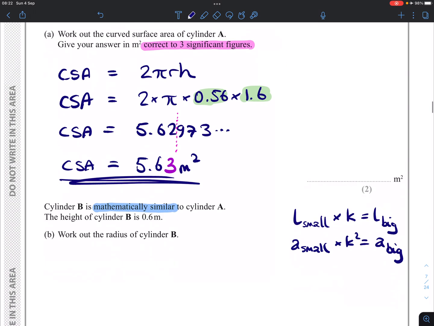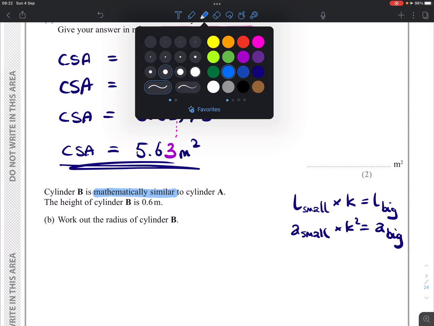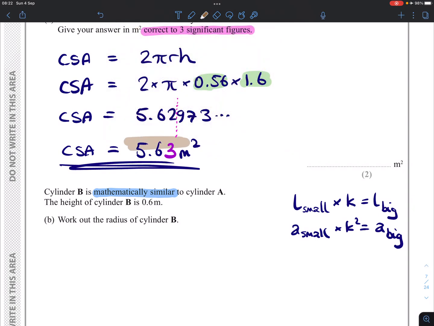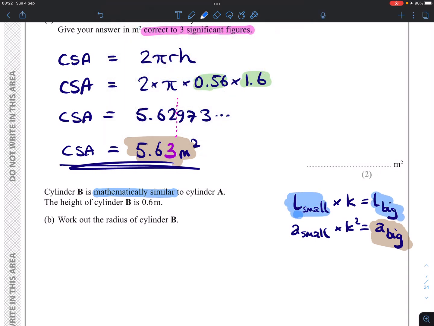So we have the fact that 5.63 is the area of the large one, so I'm just going to highlight that right now. This here is our curved surface area of the bigger cylinder. In terms of the lengths of the small and the big cylinders here, we pick any two lengths that are corresponding to one another.